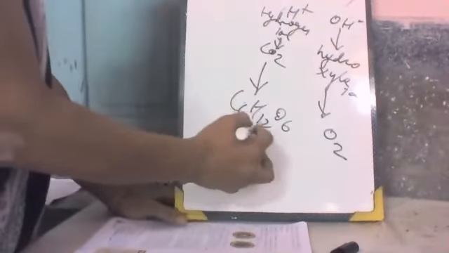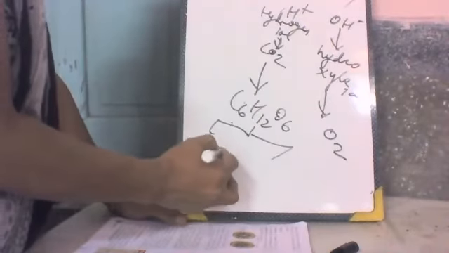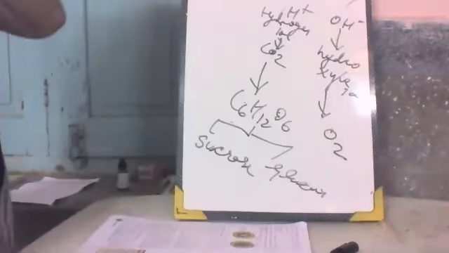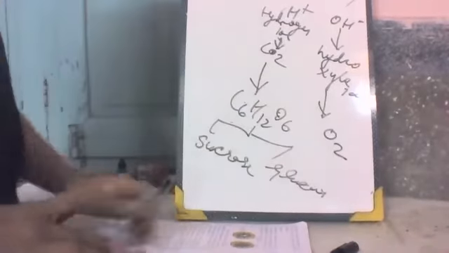The hydroxyl ions work to produce oxygen. There are two types of sugar, sucrose and glucose. This is the method of photosynthesis. The byproducts are glucose and oxygen.